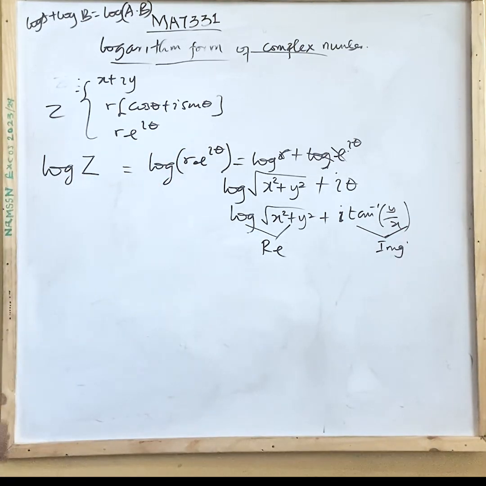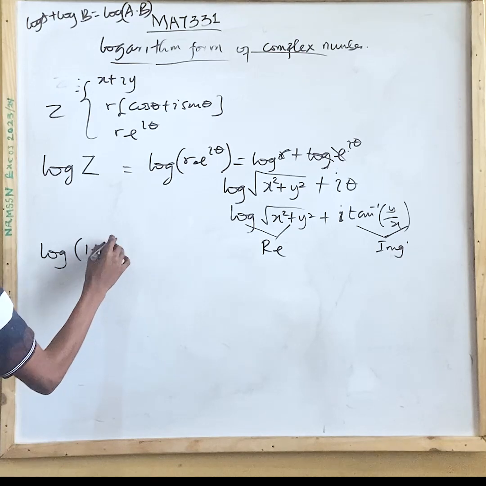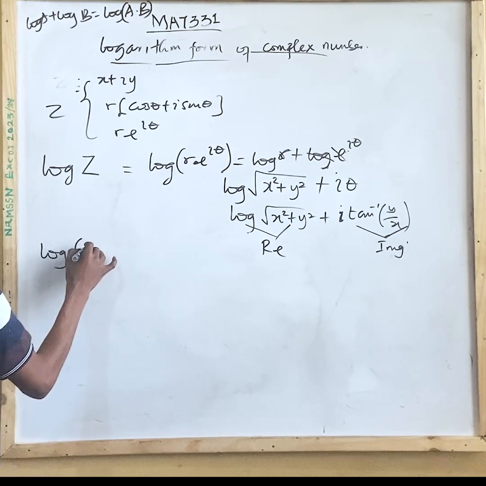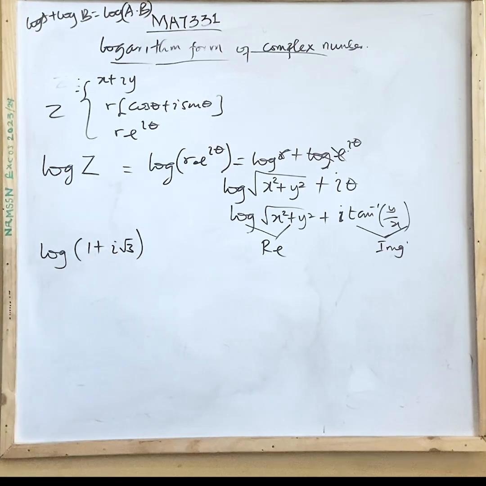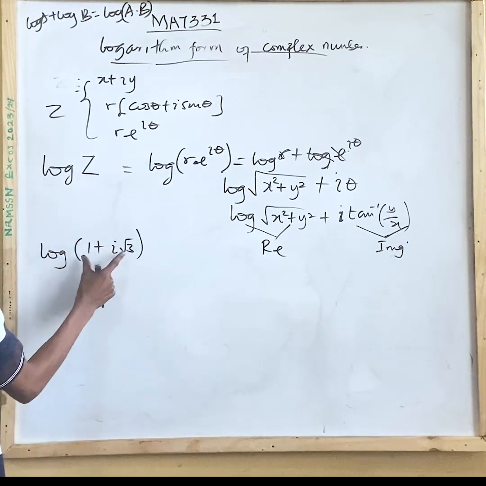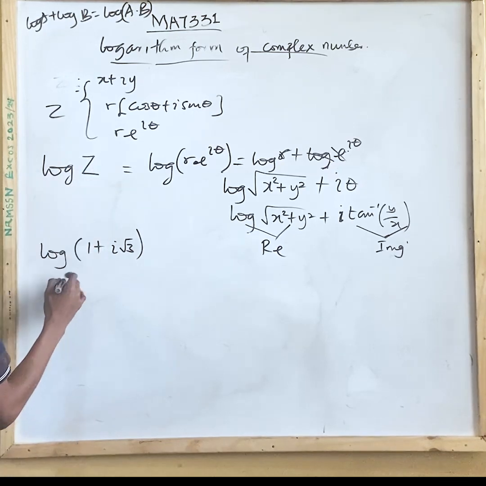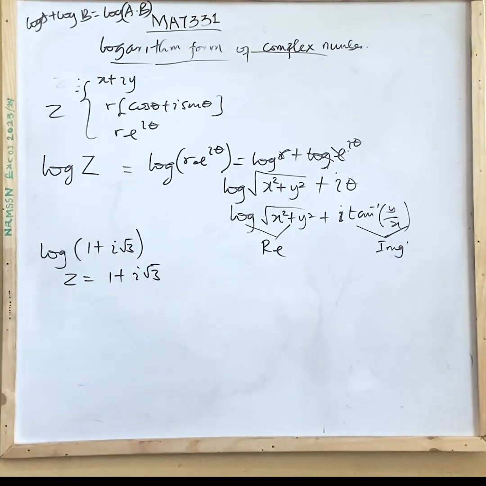So let's take an example. If I want to express log of 1 plus i root 3 in real and imaginary parts. Based on the previous illustration, this 1 plus i root 3 is our z. It means that z equals 1 plus i root 3. What do I need?